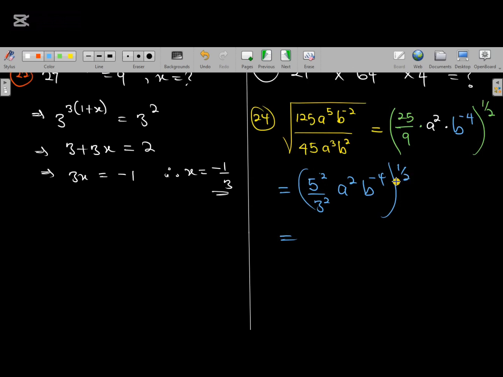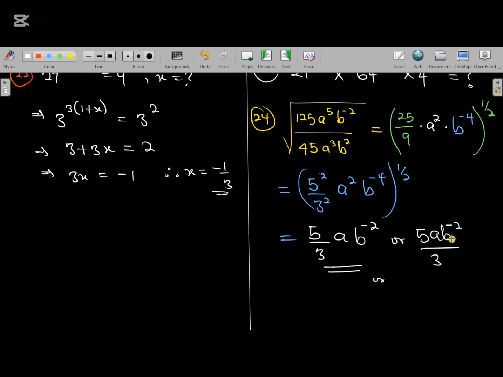So this half is going to come in and multiply all the powers here, because this is division and this one is multiplication. So if half multiplies the power of 5, it will cancel it and give you only 5. All over, it will multiply the power of 3 and give you only 3. To multiply the power of A and give you only A. To multiply the power of B and give us minus 2. All right, and so this is a good place to stop, or you can choose to write it this way: 5ab to the minus 2 all over 3.